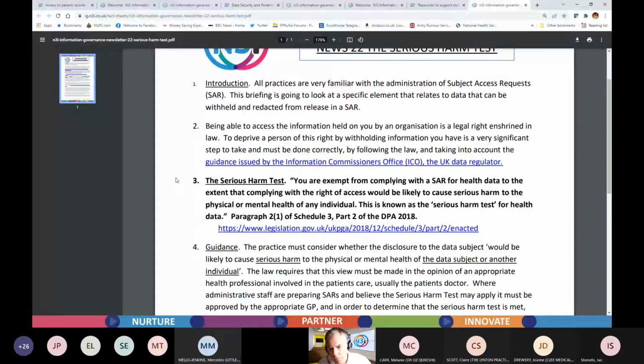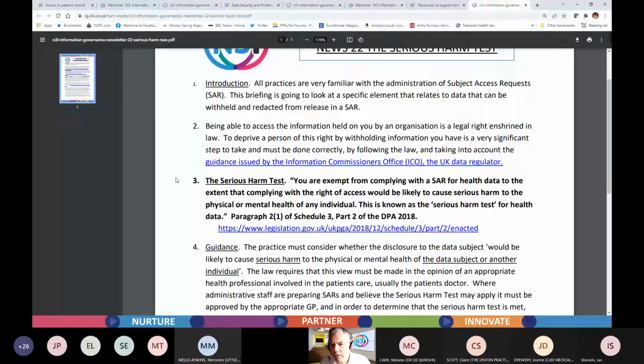The serious harm test would apply to adding data onto a patient's record that they're going to see. So it says you'll be exempt from adding the data to the patient record to the extent that if you did comply with it, it would cause serious harm to the physical or mental health of any individual. That's serious harm, remember, not just embarrassment or stuff like that.